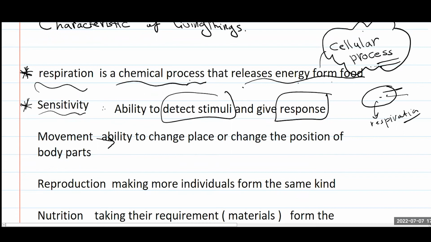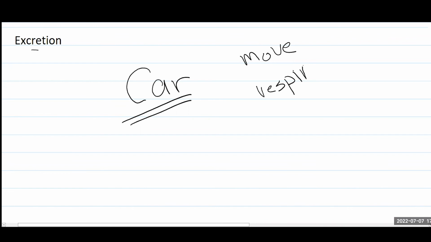Like what? You can look at the car. Cars can move. Cars respire, yeah, because we give gasoline. That gasoline is burning in the engine and gives energy. The car is moving, right? It feeds, doing nutrition. It has sensitivity, right?